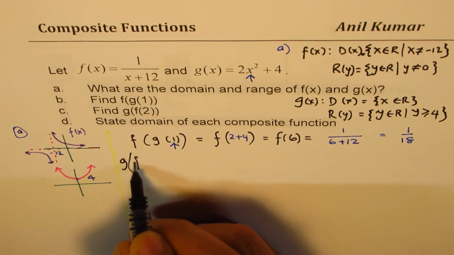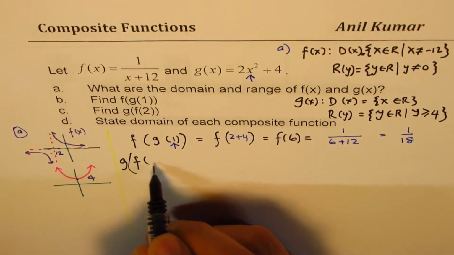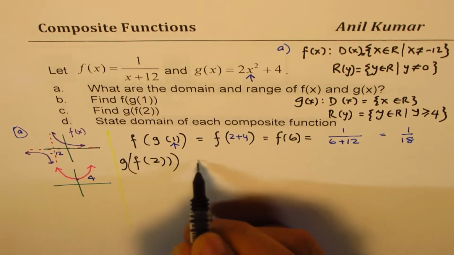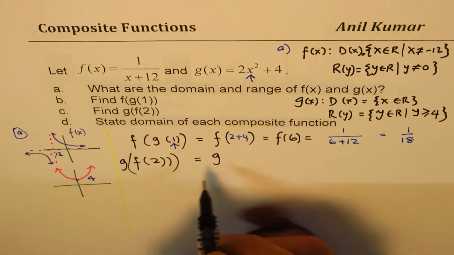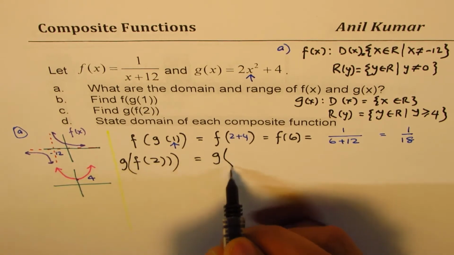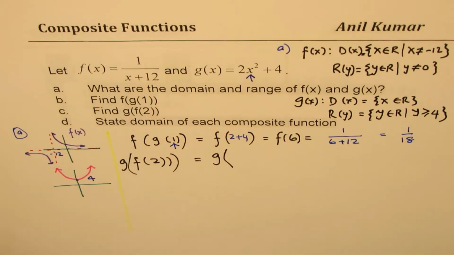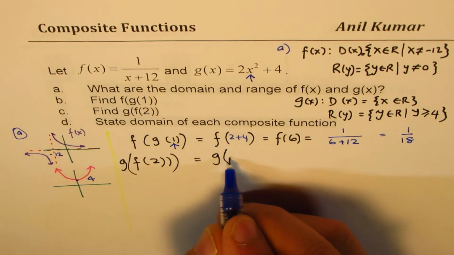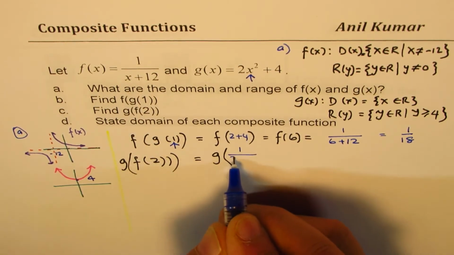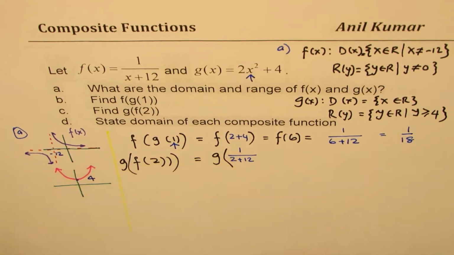So let's do the second one, which is, okay, let me write g now here. G of f of 2. So that really means we want to find what f of 2 is. So we'll do g of f of 2. So I'll substitute 2 here this time. So I get 1 over 2 plus 12, right?